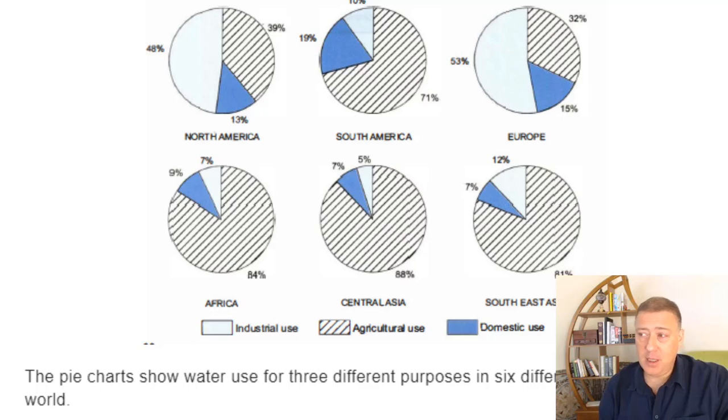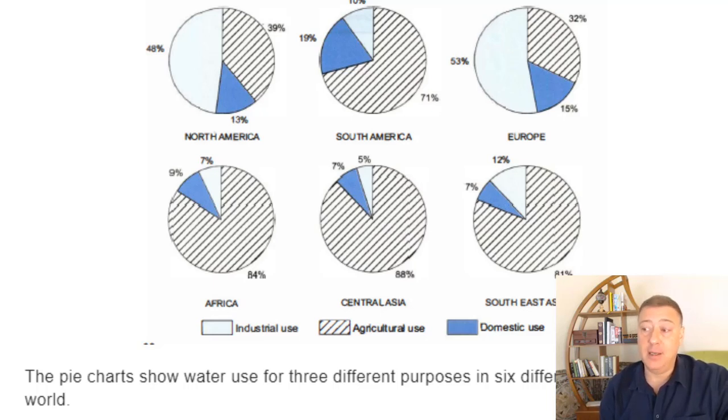And again, industrial use of water is higher in the industrialized world like North America and Europe. Those numbers are similar, around half, and it's much, much lower in the developing world: South America, Africa, Central Asia, and Southeast Asia. So the light blue is a much smaller percentage of water use.